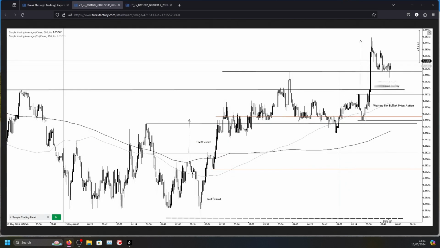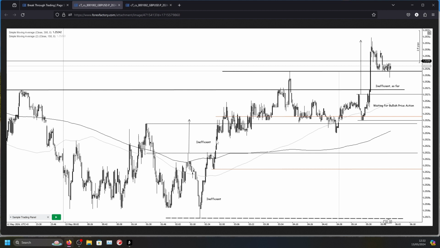This is what the 1 minute chart looked like. You can see there was an area of inefficiencies. Price moved out of this area, and I was waiting for price to pull back into this area to see bullish price action on the 1 minute chart to go long.